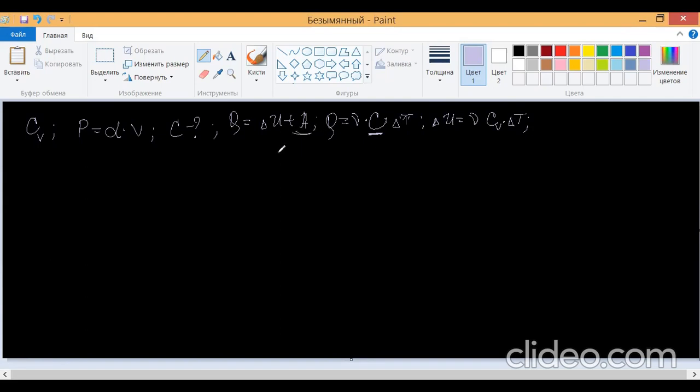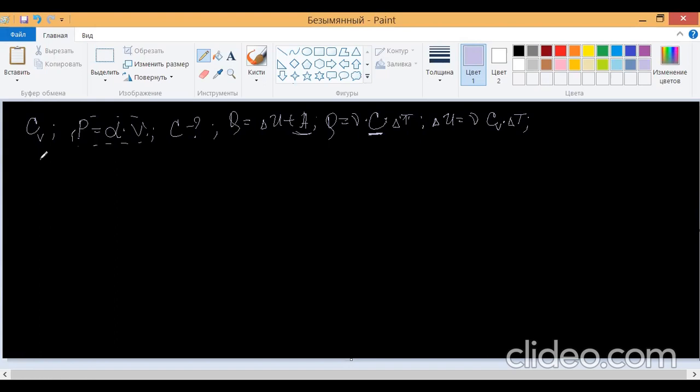And this is our next step, to derive a formula which will show us how we can calculate the expansion work done by the gas as a result of this process, which is characterized by this gas behavior equation.